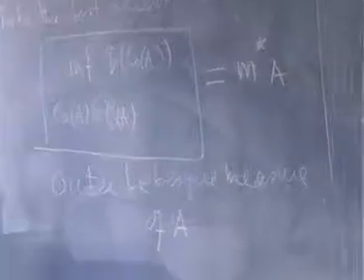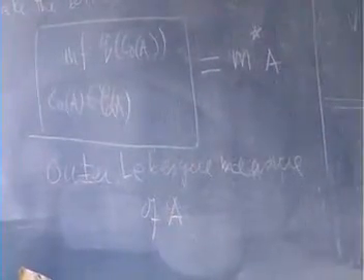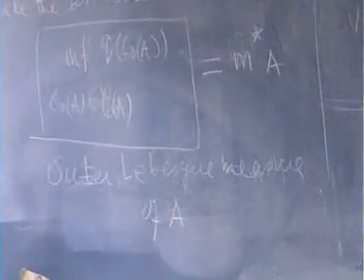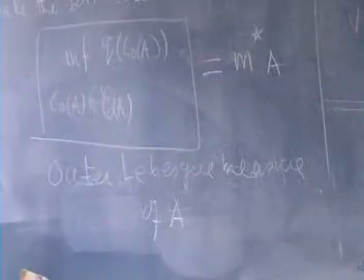Because I am trying to approximate the set from outside. I start with something bigger than A and then squeeze it. So that's why it's called outer measure.